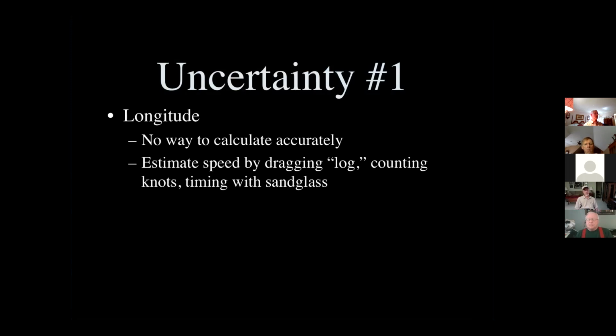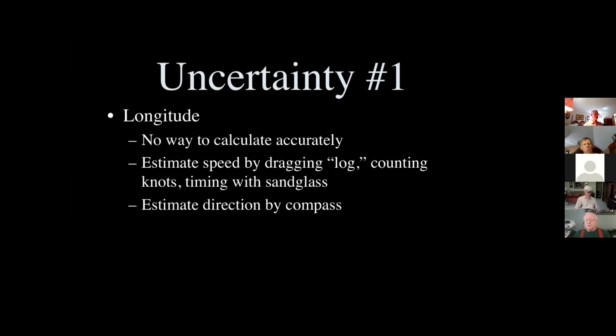What you did was you estimated your speed by dragging a log, actually a wooden chip type thing, counting the number of knots in a rope that passed through your fingers as this log went away from you, and you timed it for 30 seconds with a sandglass. And that was a way you used to estimate your speed and to figure out how much sea you were able to cover.